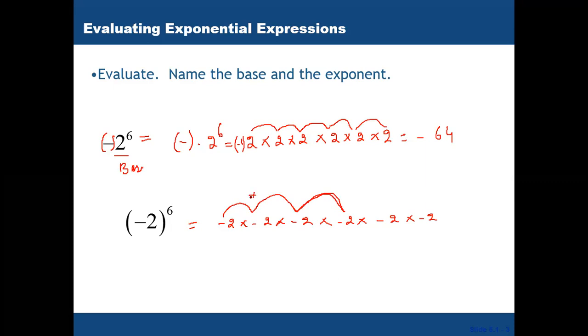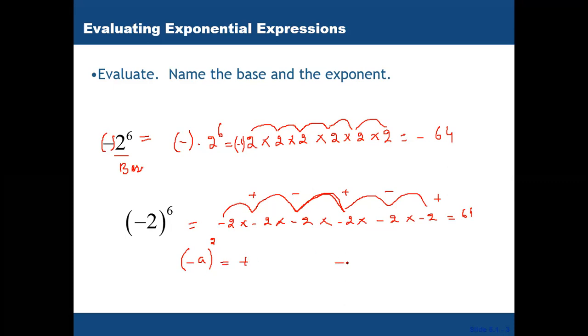The first two become plus, then the second minus, then the third becomes plus. Then with another one, this becomes minus 32. Again with minus 2 equals what? Plus 64.